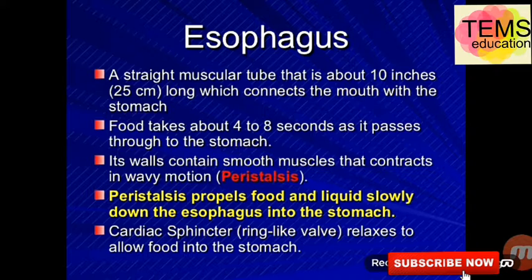The food takes about 4 to 8 seconds to pass through the esophagus. Its wall contains smooth muscles that contract in a wave-like motion called peristalsis, which propels food and liquid slowly down the esophagus into the stomach.